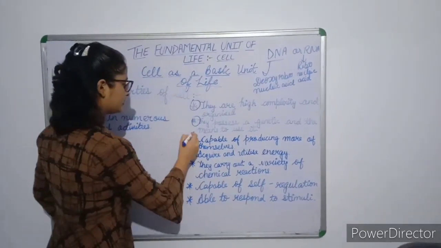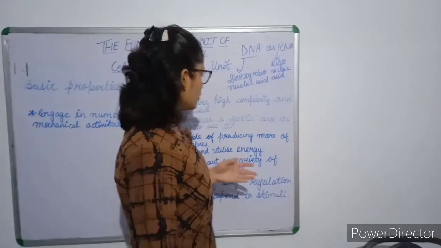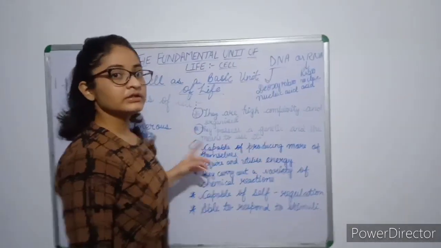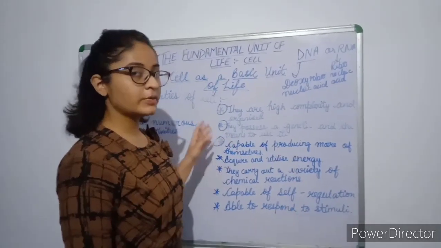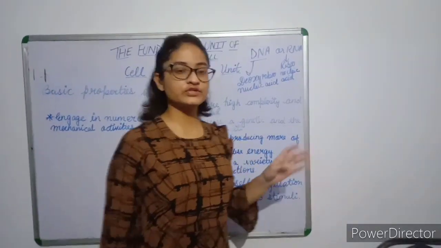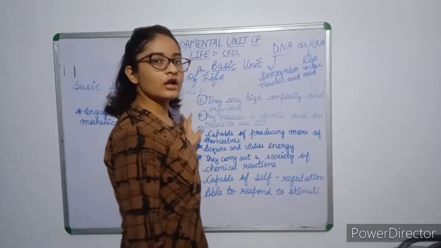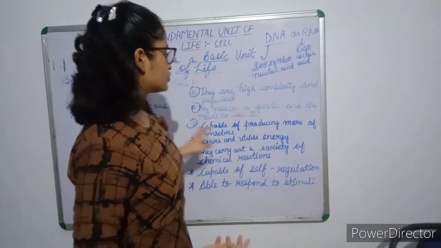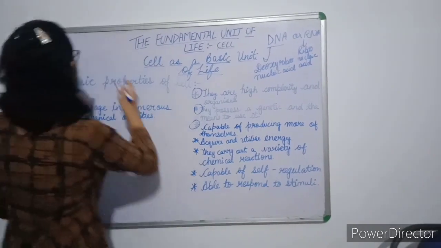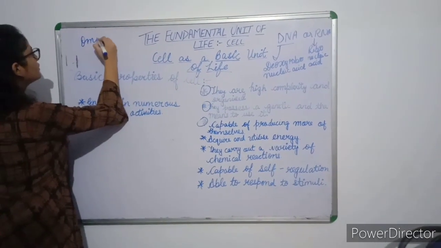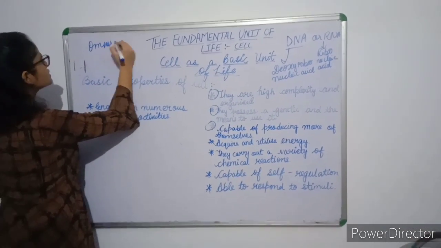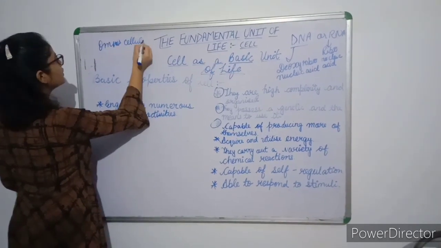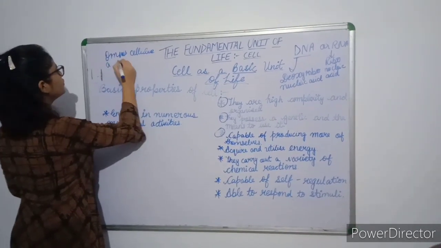Now, the third point, capable of producing more of themselves. Remember the last postulate of cell theory, which was by Rudolf Virchow. When he expanded the first cell theory, his actual aphorism was Omnis cellula e cellula.